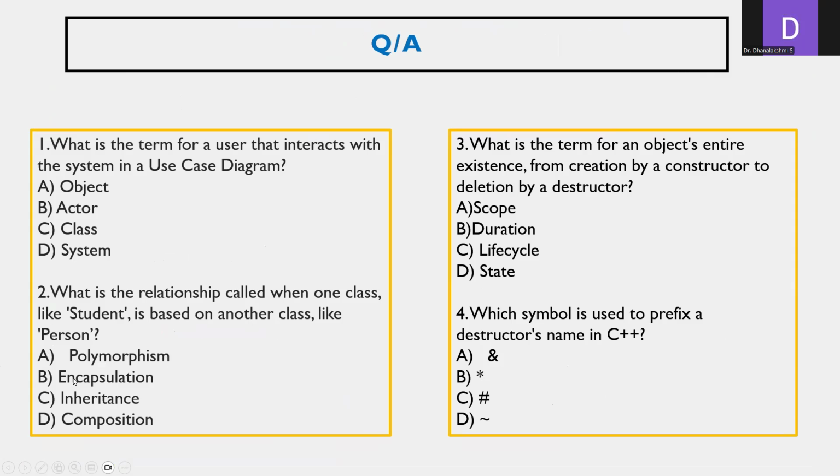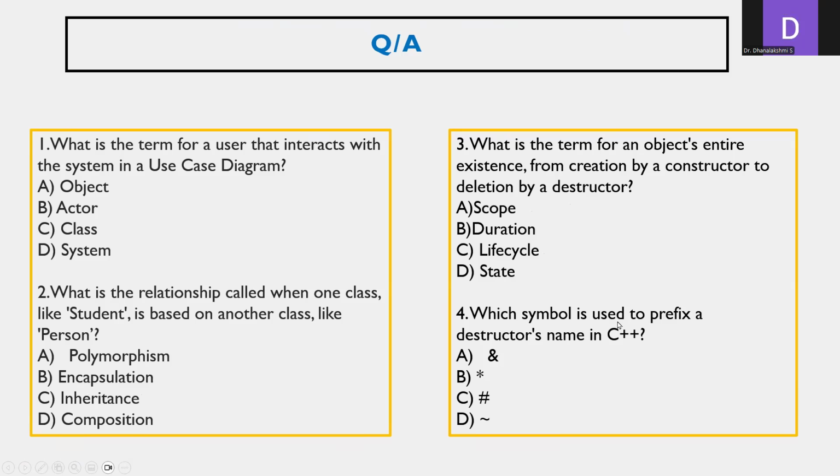It's polymorphism, encapsulation, inheritance, or composition. What is the third question? What is the term for an object's entire existence from creation by a constructor to deletion by a destructor? Is it called scope, duration, life cycle, or state?